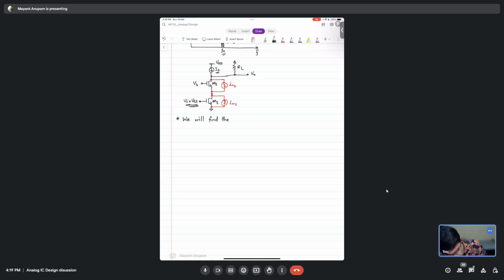Okay, so we'll find the total noise voltage at the output due to the individual current sources and finally add them using the principle of superposition. Correct.